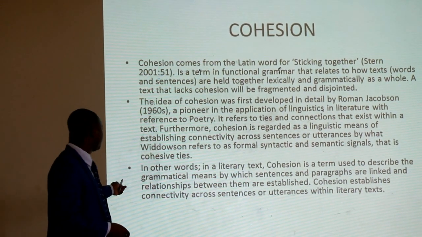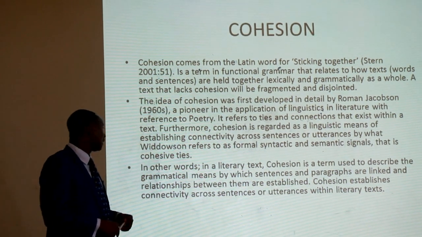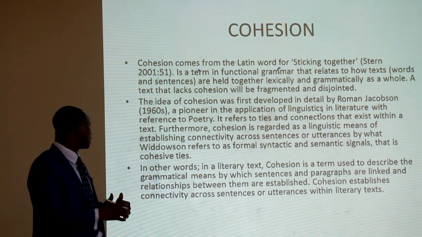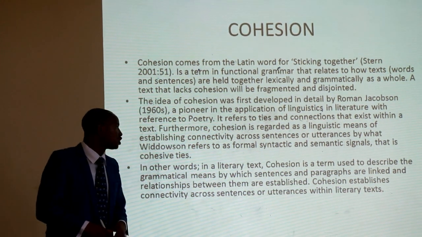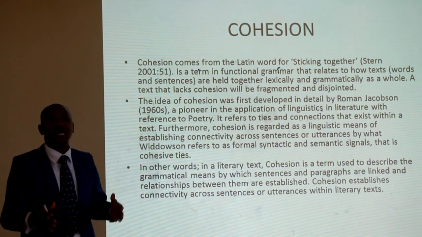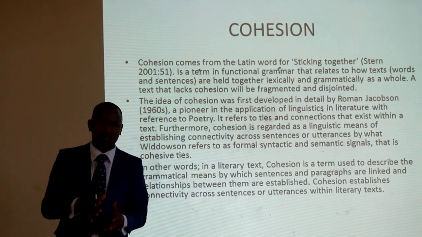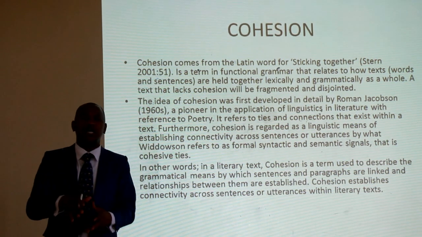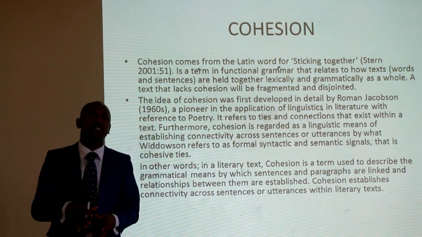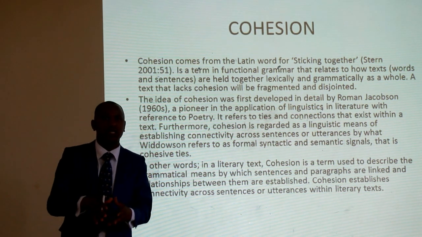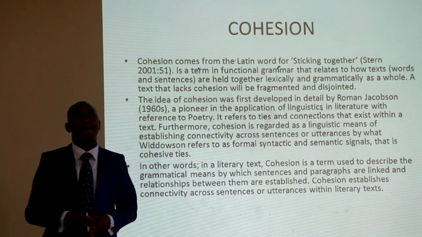In other words, in a literary text, cohesion is a term used to describe the grammatical means by which sentences and paragraphs are linked and relationships between them are established. Cohesion establishes connectivity across sentences or utterances within literary texts.